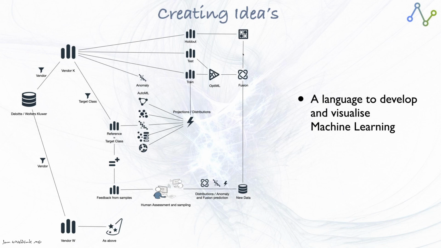And this is a super cool way of working, and delivers surprisingly good results. Even so good that I start wondering, oh, am I leaking information here? And a crucial part in this picture is also the human assessment and sampling.